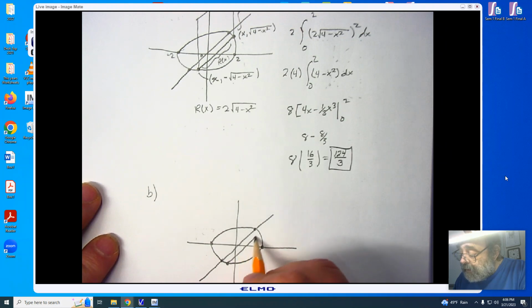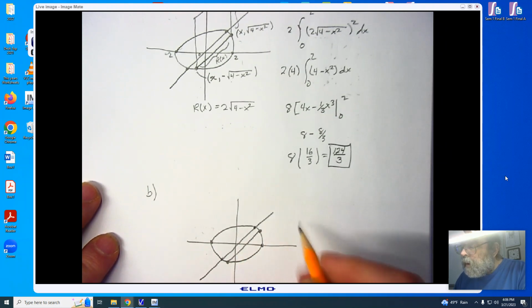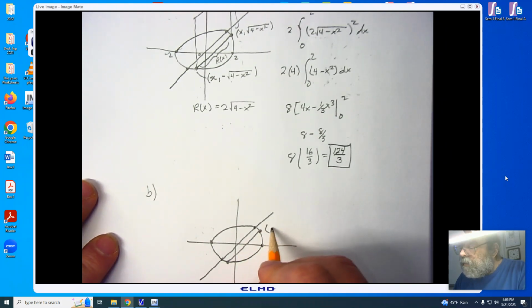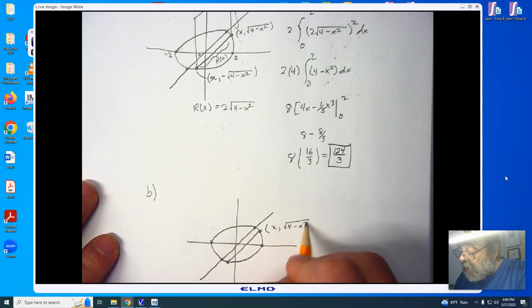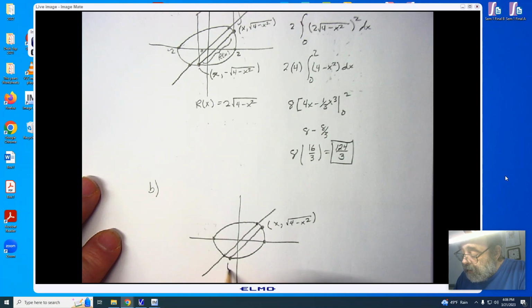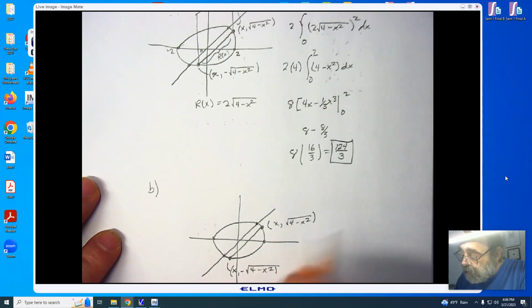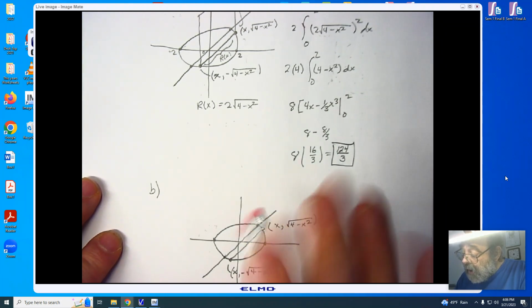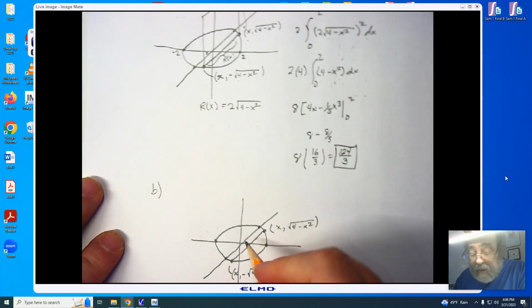Drawing my segment. Identifying my two endpoints, x comma square root 4 minus x squared, and down here, x comma negative square root 4 minus x squared. That means that my r of x, same thing.